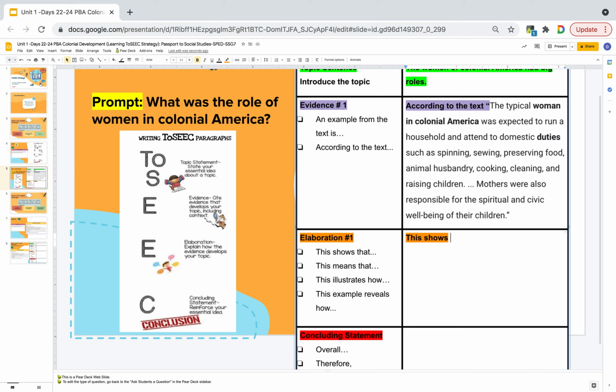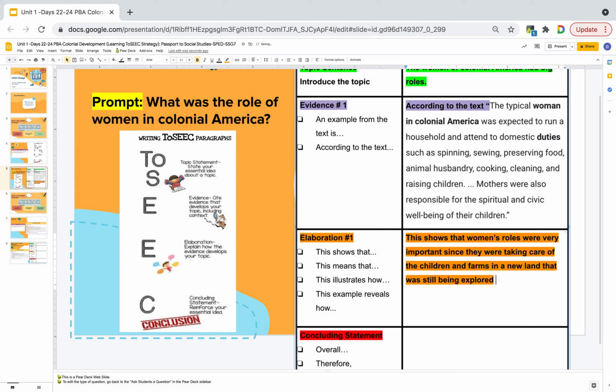This shows that women's roles were very important since they were taking care of the children and farms in a new land that was still being explored by the men.